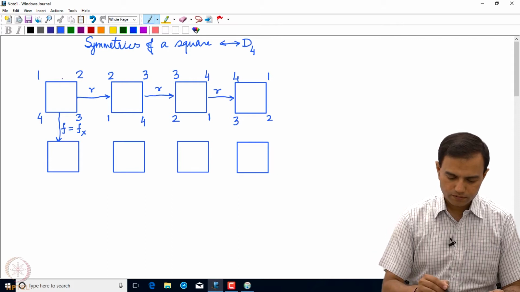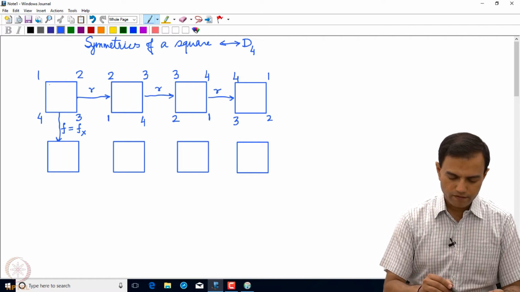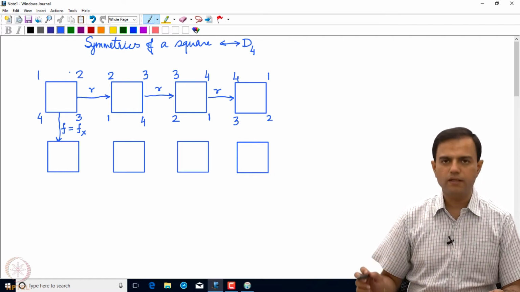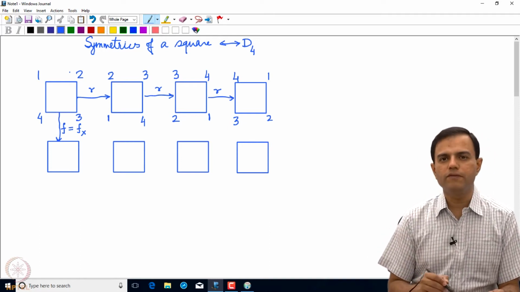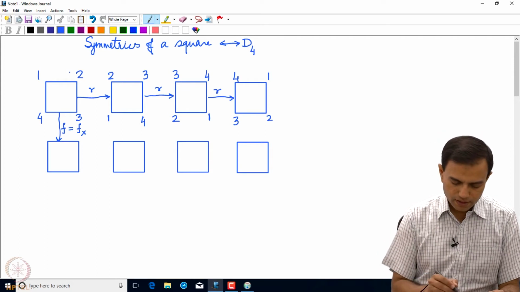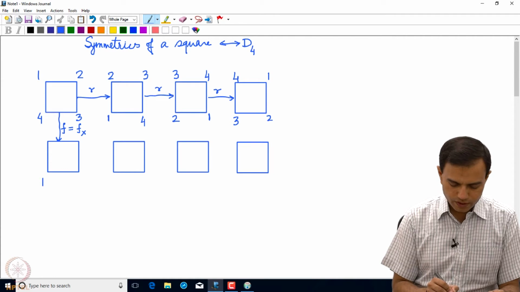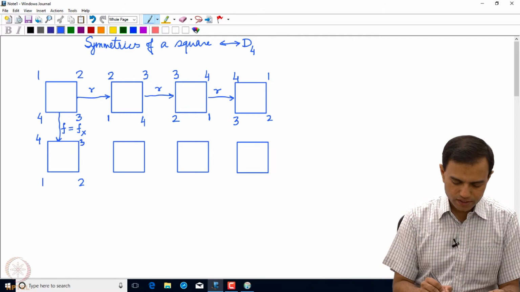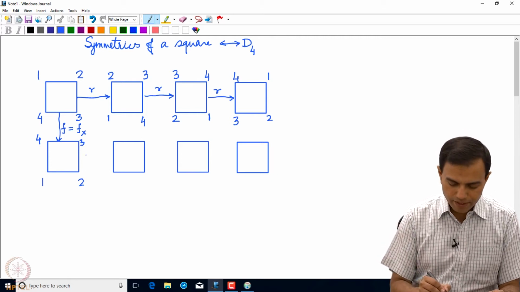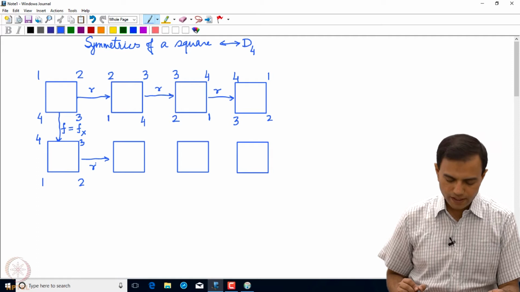Similarly, you have other configurations. Now what happens when you flip about the x-axis? That's the x-axis I am flipping. So 1 comes here, 2 comes here, 4 comes here, and 3 comes here. And after flipping, I again do what I did earlier: I rotate by 90 degrees.